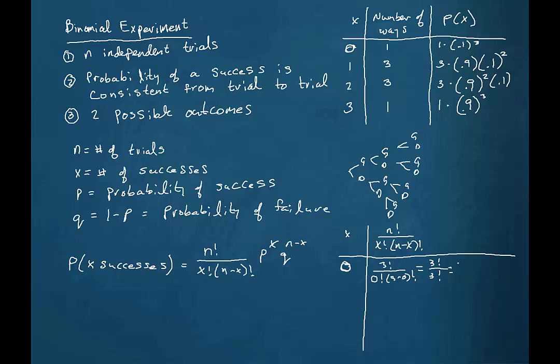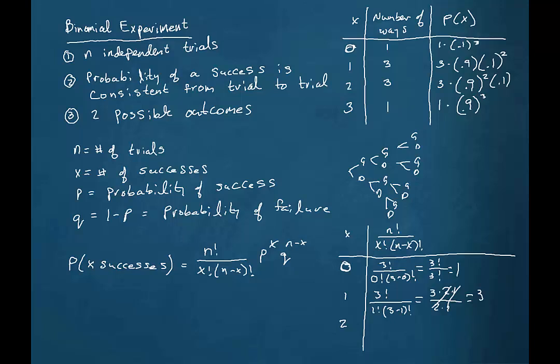So this whole thing just turns out to be 1. And then if x goes to 1, then we have 3 factorial over 1 factorial times 3 minus 1 factorial. 1 factorial is also 1, so this reduces to 3 factorial, which is 3 times 2 times 1, over 1 factorial, which is 1, times 2 factorial, which is 2 times 1. The 2's and the 1's cancel, and we wind up with just 3.